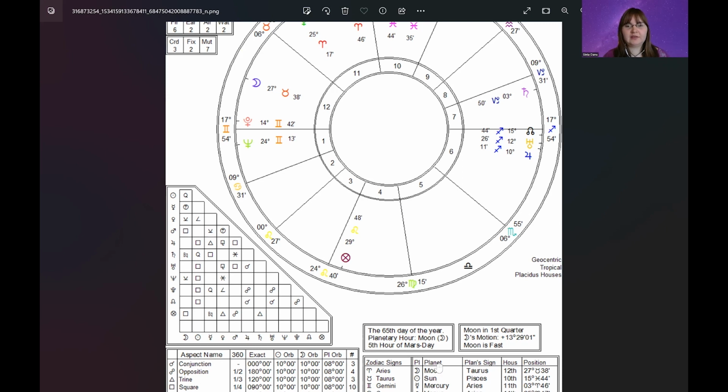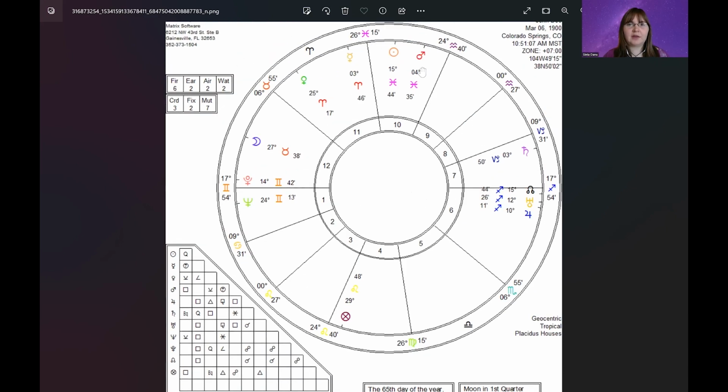So you would go down here to the sun. There's the symbol for the sun. It says it's in Pisces, in the 10th house, 15 degrees, Pisces, 44 minutes. So then find the sun. It's all the way up here. The symbol of the sun, the symbol of Pisces at 15 degrees, 44 minutes in the 10th house.